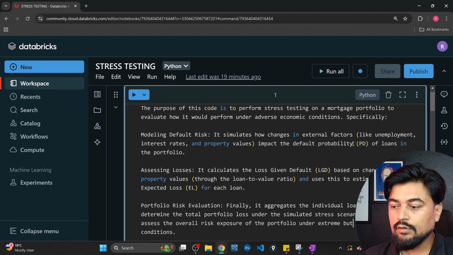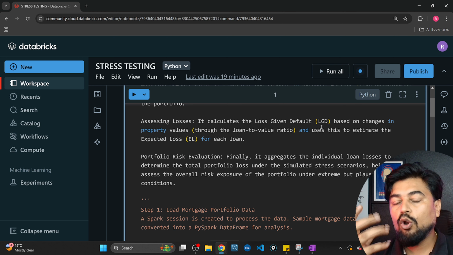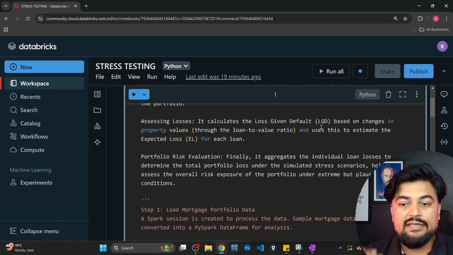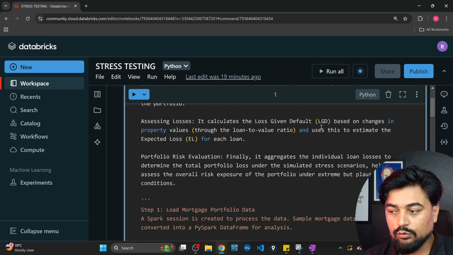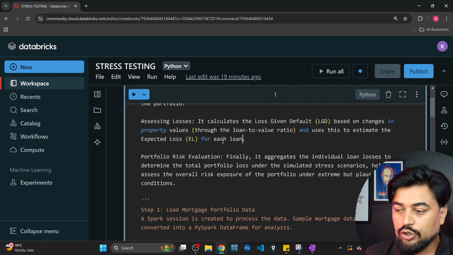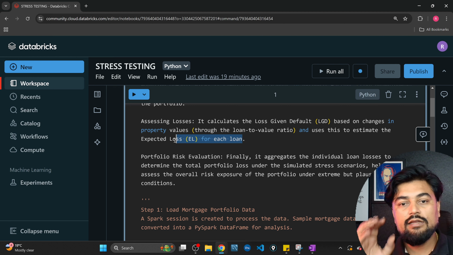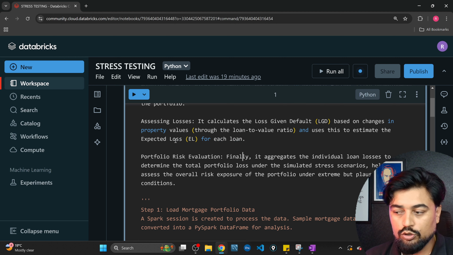Now, next is assessing the loss. It calculates the LGD, that is the loss given default, based on the change in property value through the loan-to-value ratio. I told you guys, the LTV value keeps on changing, and we use this to estimate the expected loss for each loan. For each and every loan in that particular portfolio, it will give you an EL value, or ECL value as we also call it.